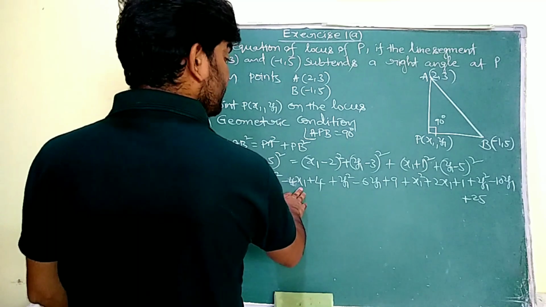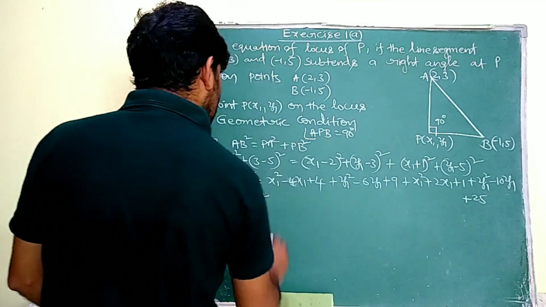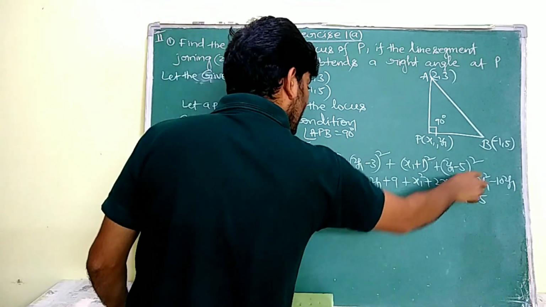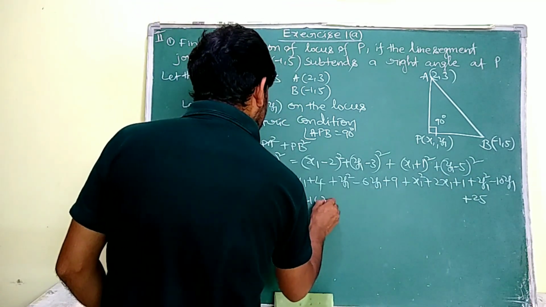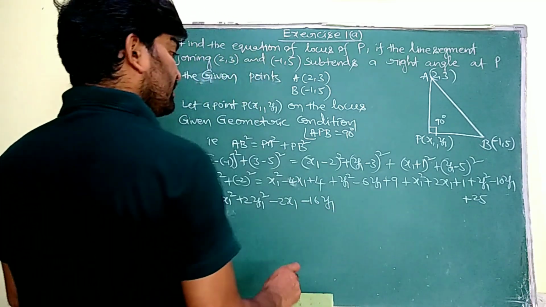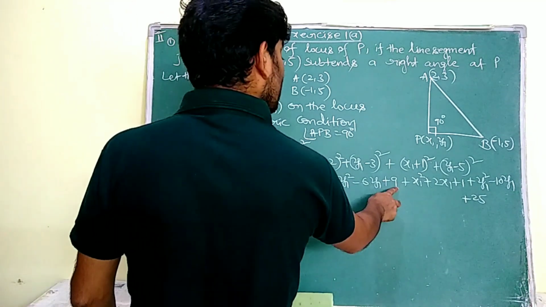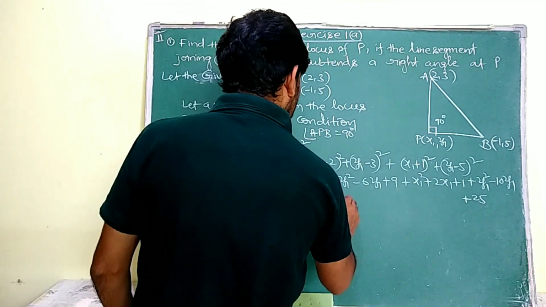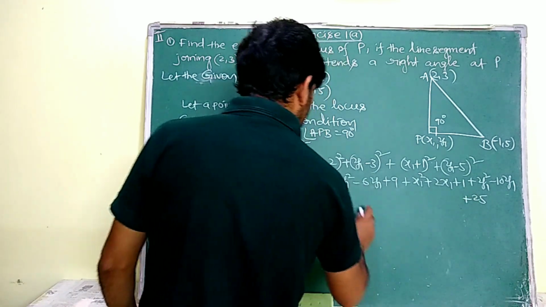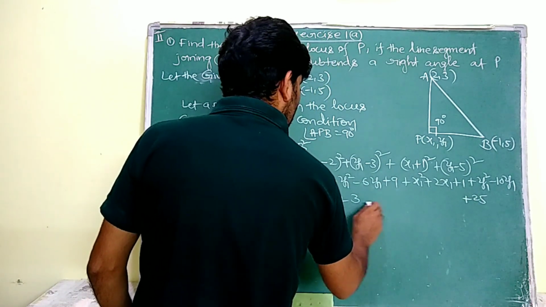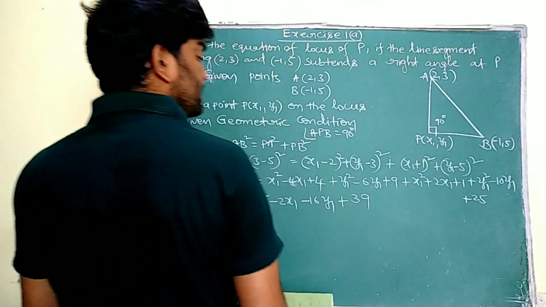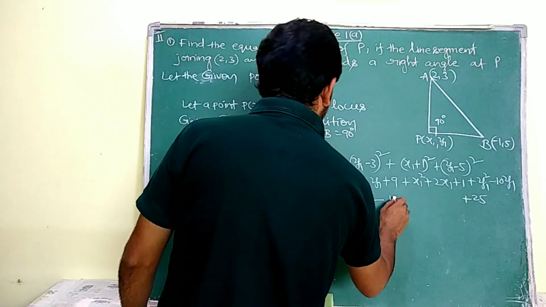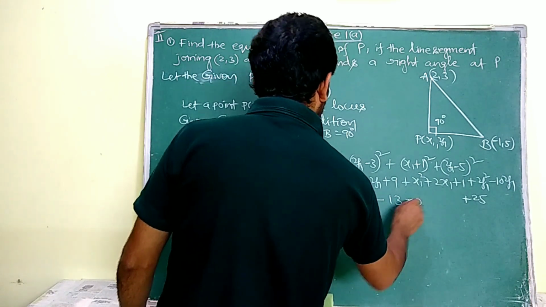Now it is minus 4x1 and plus 2x1, that is minus 2x1, and minus 6y1 and minus 10y1, minus 16y1. Coming to the constant values, 4 plus 9 is 13, 13 plus 1 is 14, 14 plus 25 is 39, minus 9 plus 4 is 13.